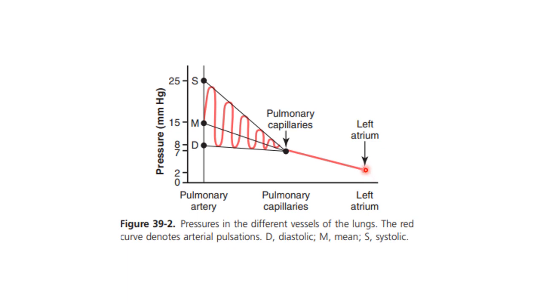Okay? So this is the usual reading using a Swan-Ganz catheter advanced via the pulmonary wedge method. So the usual reading is around 2 mercury millimeters. So let's say, for example, your reading is 10 mercury millimeters.